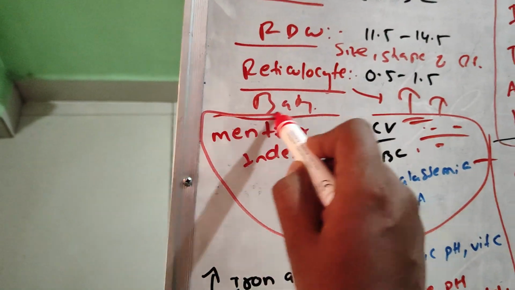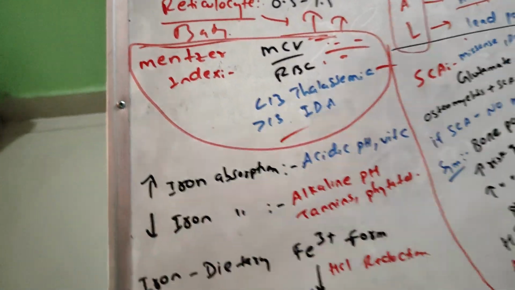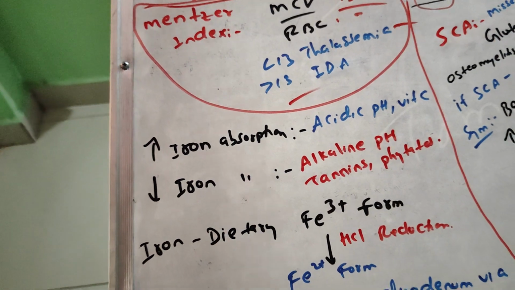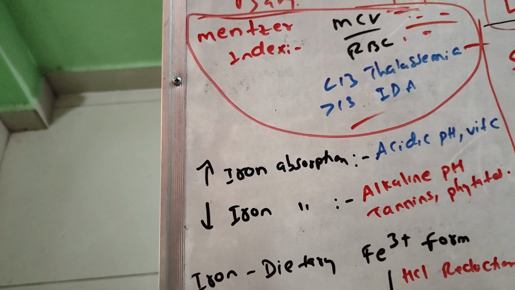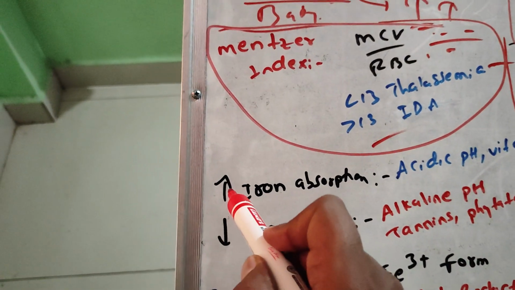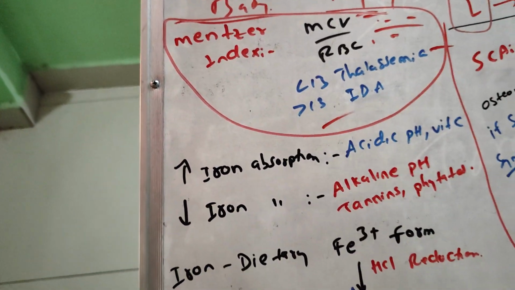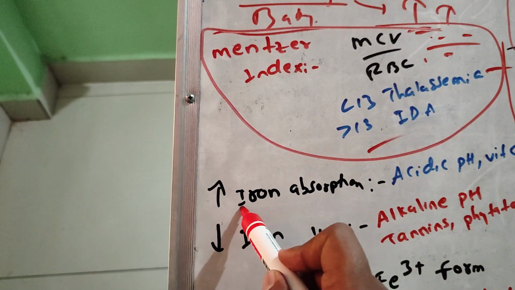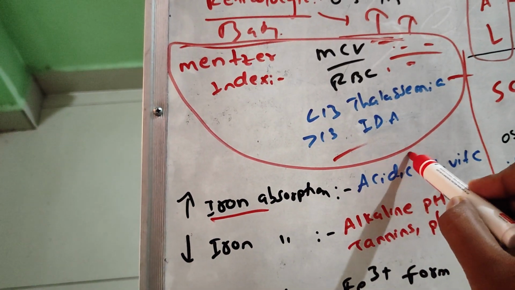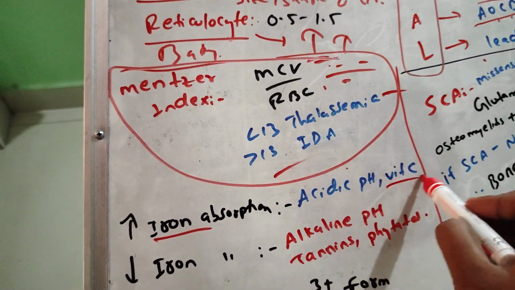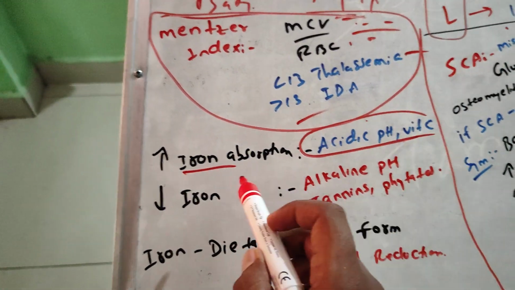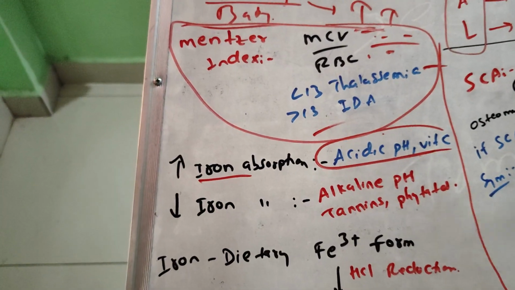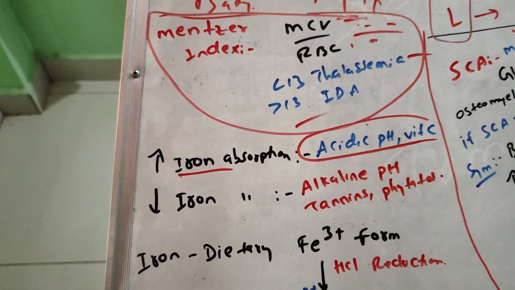Okay, now just remember. And one thing I want to clarify for you guys is iron absorption. What are the substances that increase iron absorption? Acidic pH and vitamin C. They all help in increasing iron absorption.